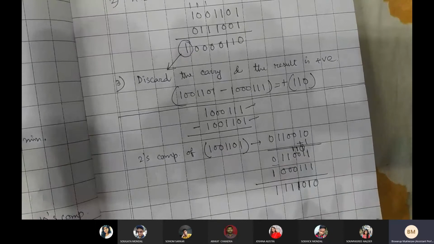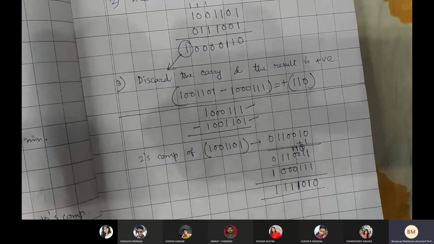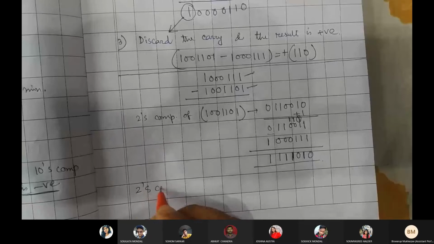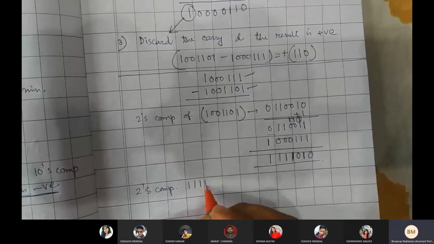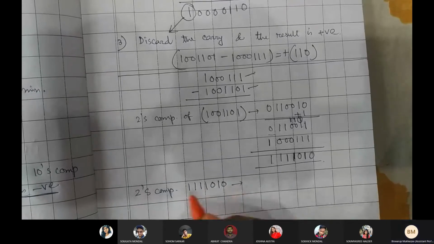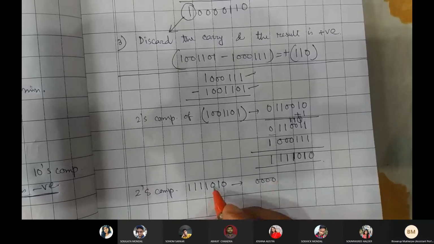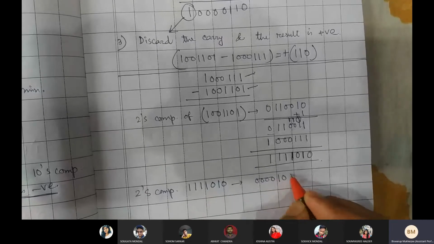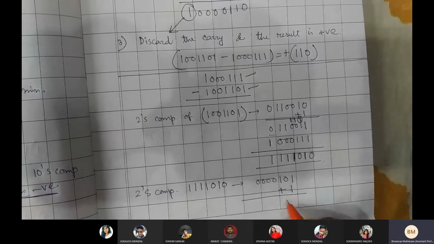Now, as there is no carry generated, we have to find the twos complement of this result. So the twos complement of 1111010 is 0000101 plus 1. 1 plus 1 is 10.